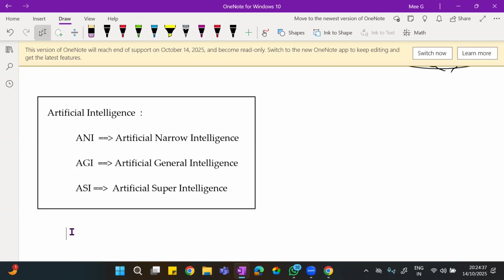Now, artificial super intelligence again depends on how much control we have over it.